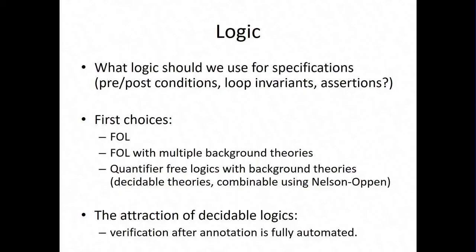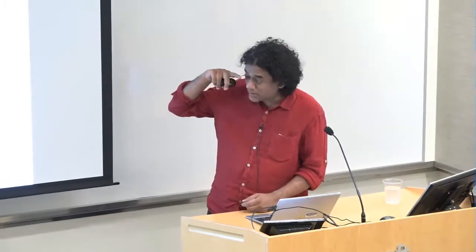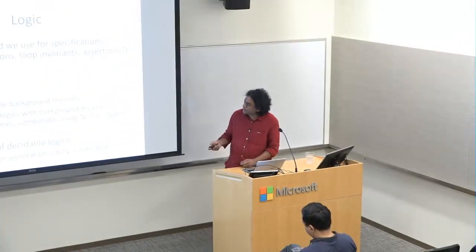So what logic do we use for these specifications? Actually, there's quite a lot of choices. The first kind of logics that come to mind are first-order logics. But as we will see, this is not quite enough. Traditionally, if you really want to automate everything, then you would like the verification conditions to be in a decidable logic. If it's quantifier-free or in other decidable logics, then that will be fully automatable.